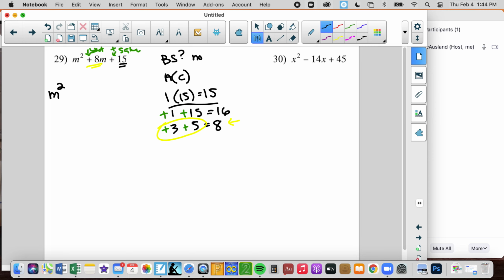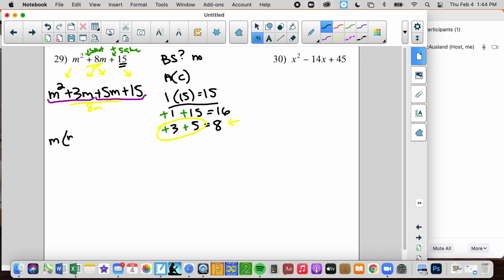So we get m squared plus 3m plus 5m plus 15. Remember, all we did was change the 8m to 3m plus 5m, because 3m plus 5m equals 8m. We didn't change the equation, we just broke it into 4 terms. And then our first came down and our last came down. So we didn't really do anything. Now we are going to group in pairs. So we look at that first pair, m squared plus 3m.